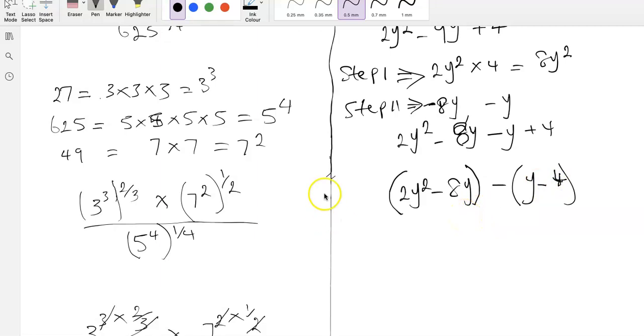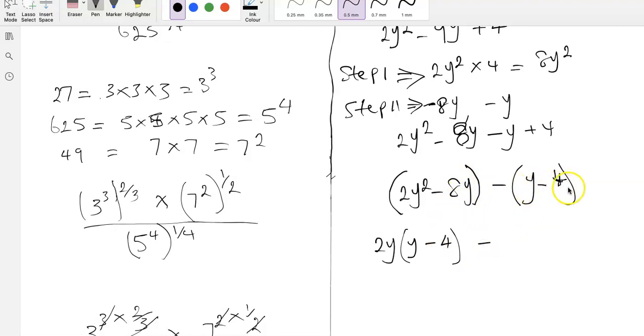If you look at this one, 2 and 8, the common factor there is 2, and y, so we're going to take out 2y. If you take 2y from here, y will be left. Take 2y from here, we're going to have just 4 minus.